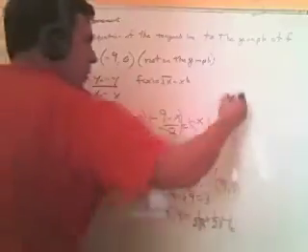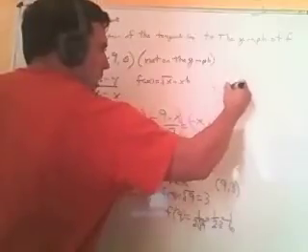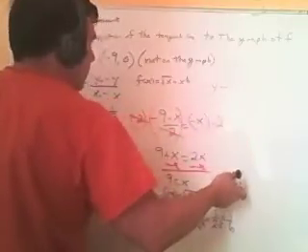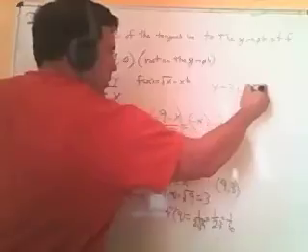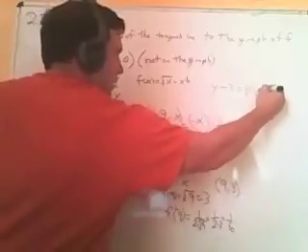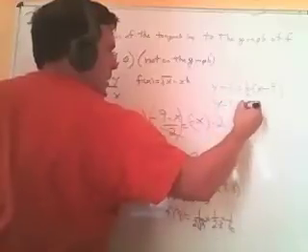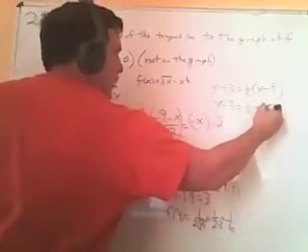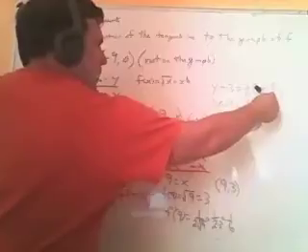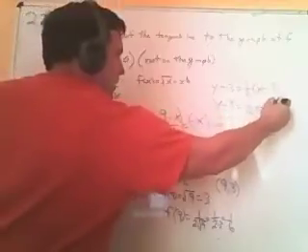Okay, so we do y minus our y1, I'm just going to pick this 3 to be y1, equals 1/6, our slope, times x minus our x1, which is 9. So y minus 3 equals 1/6 x minus 1/6 of 9, so 9/6.